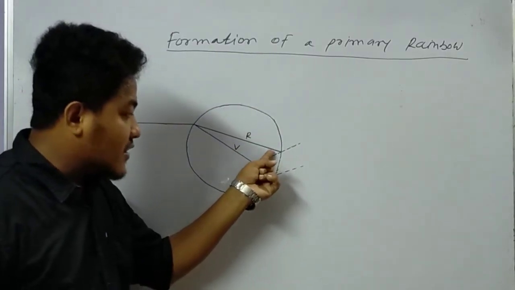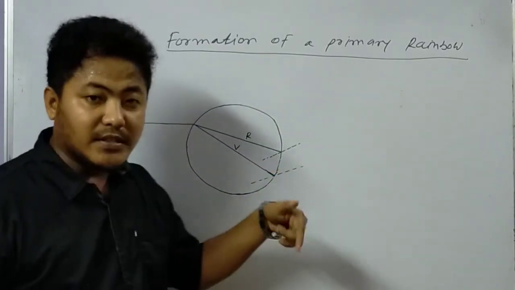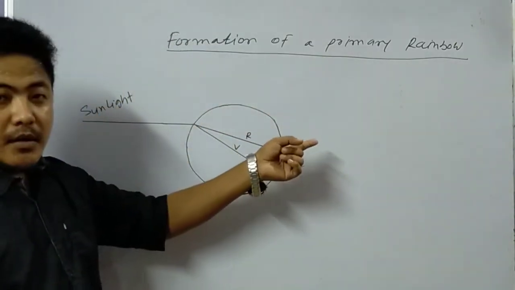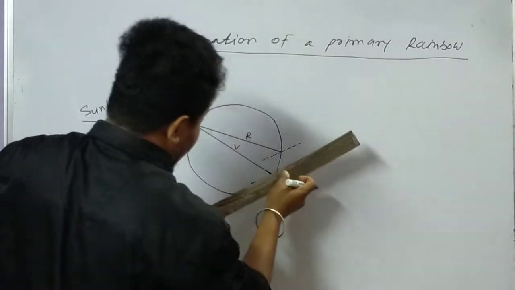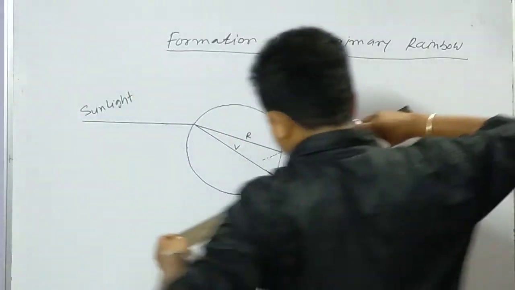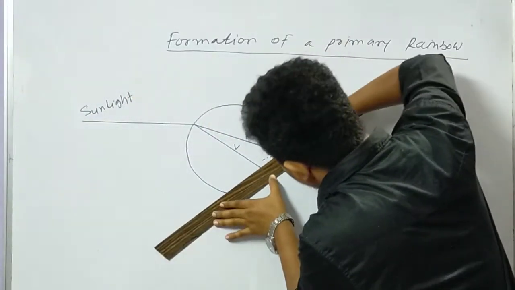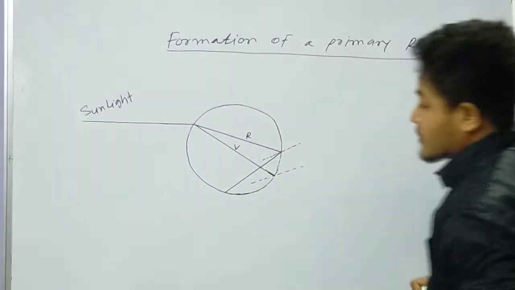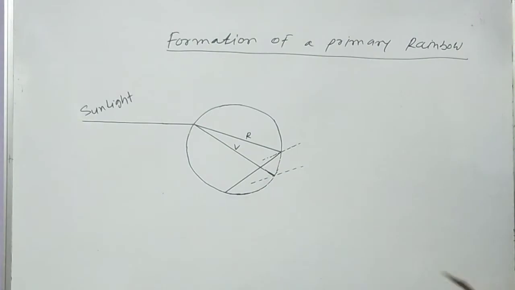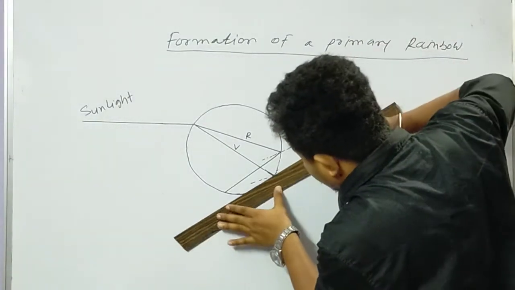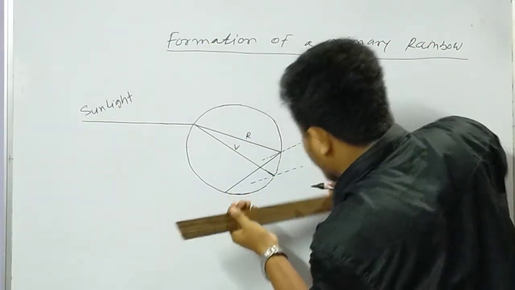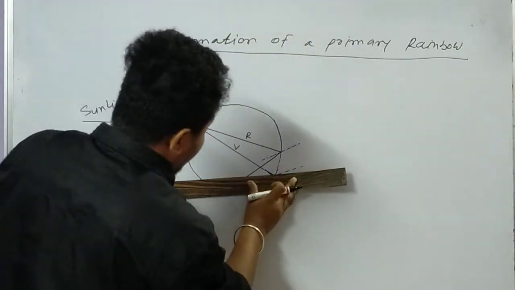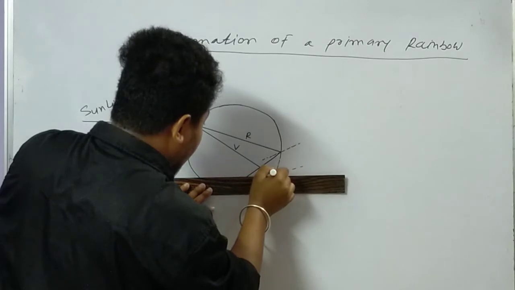This is the angle of incidence, this is also the angle of incidence. If it becomes bigger than the critical angle of the medium, then it will reflect back. It will be total internal reflection, like that. This is going to be your total internal reflection. Is that clear? And similarly, this ray is also going to be bent. This is red color, and this ray is also going to be bent, violet color.